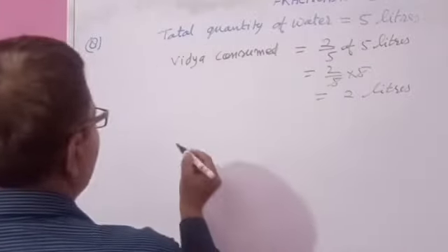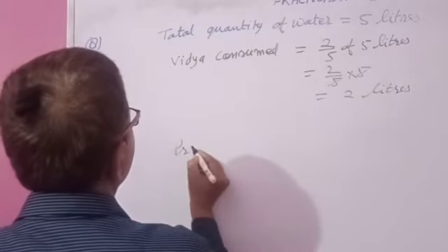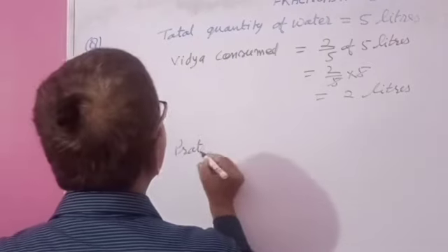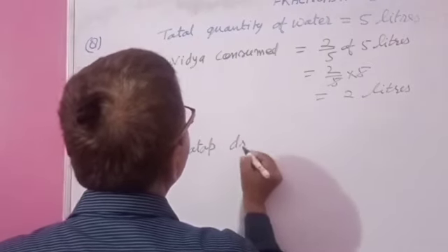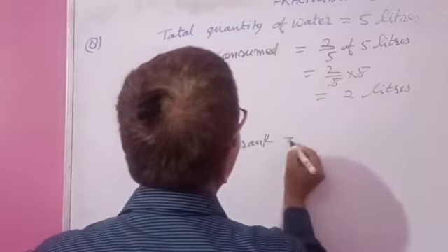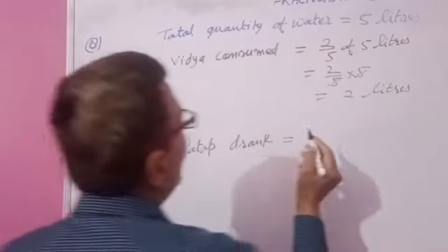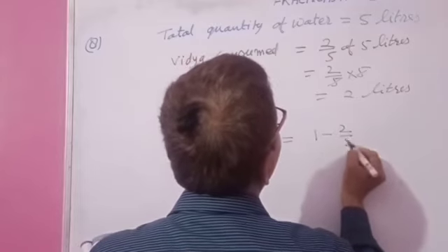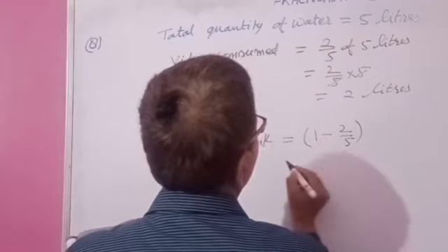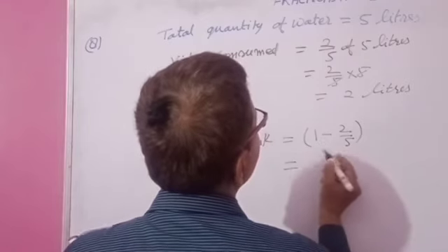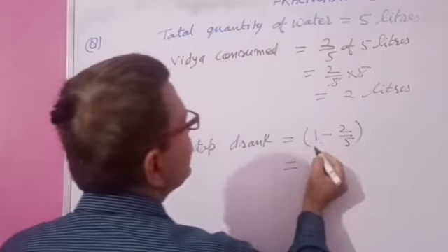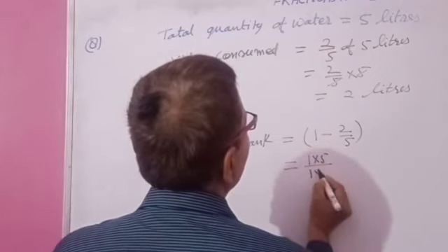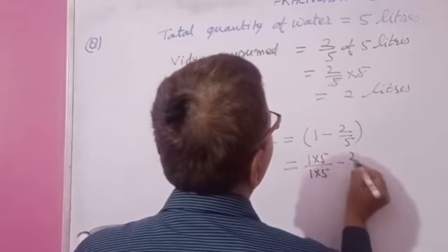Now Pratap drank equal to the remaining water. Pratap drank 1 minus 2 upon 5. That is, you can change this fraction, 1 multiplied by 5 as 5. 1 into 5 minus 2 upon 5.